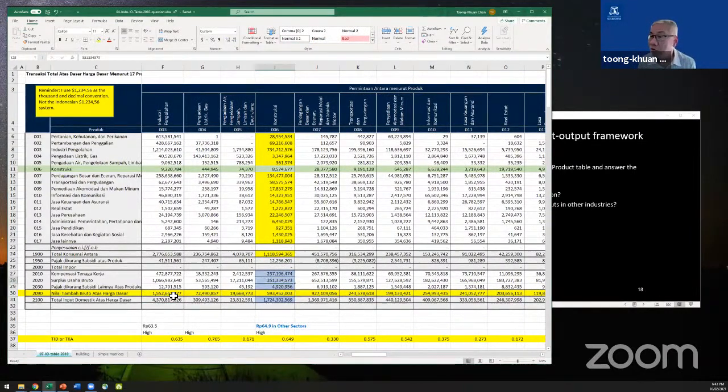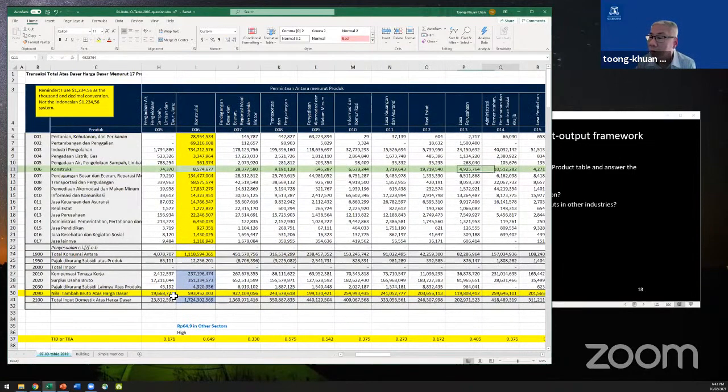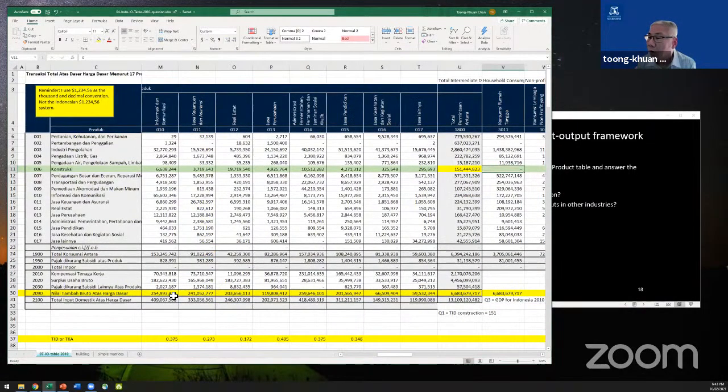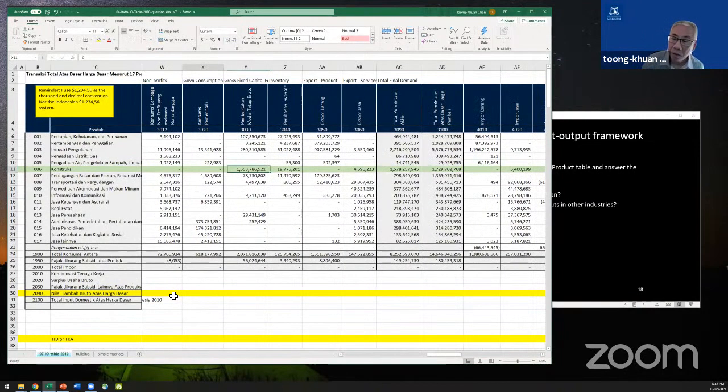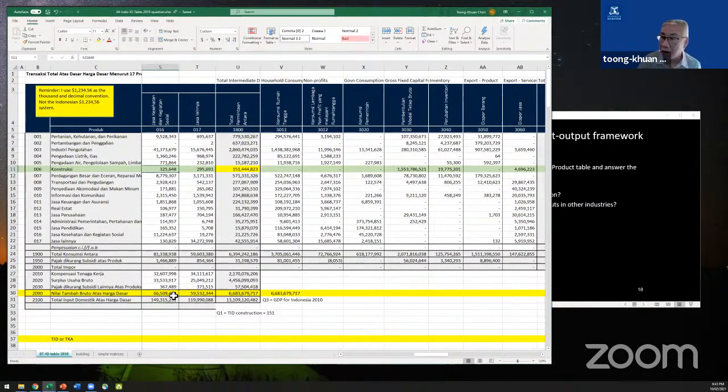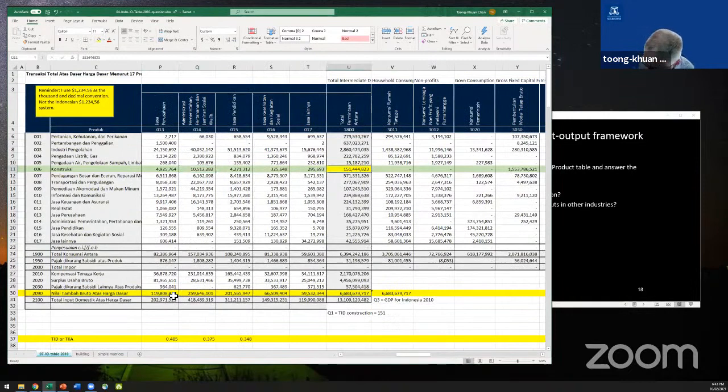Out of 1724, 151 is intermediate demand. 151 goes to intermediate demand. So we are building for other sectors of the Indonesian economy.